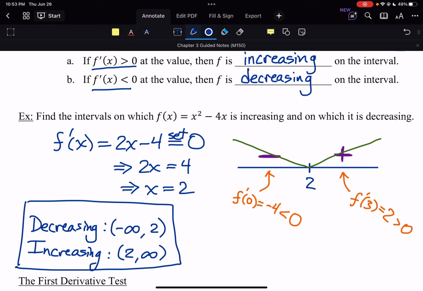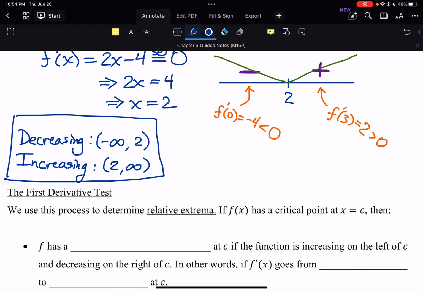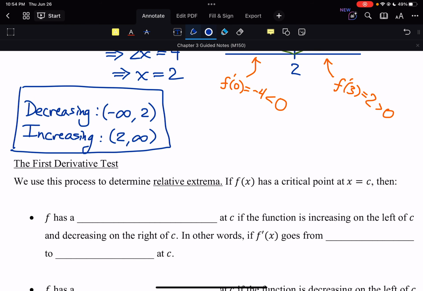This process that we've just described is called the first derivative test. So we use the first derivative test to determine relative extrema. So relative extrema being extreme values, like maximum values and minimum values that are relative to their general vicinity.